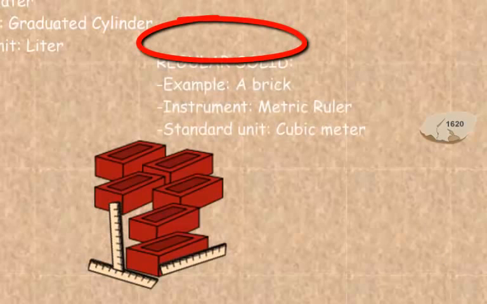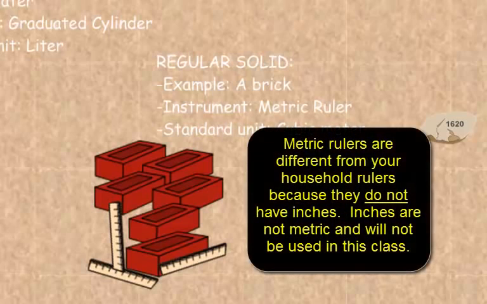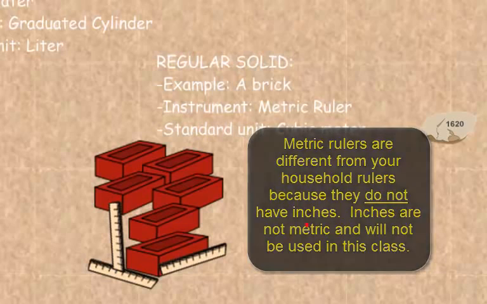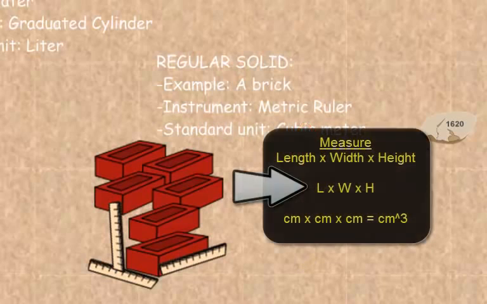An example would be a brick or your iPhone or a table, something that is regularly shaped, something that we can measure with a ruler, a metric ruler, a meter stick. Your standard unit is going to be a cubic meter, and cubic meaning 3 because you're measuring 3 dimensions: length, width, and height.